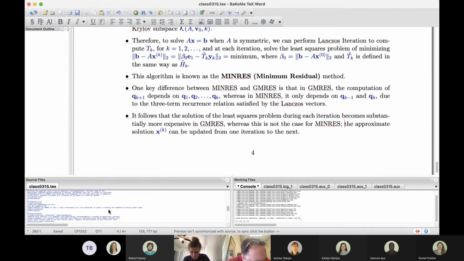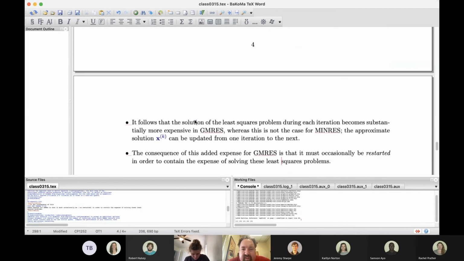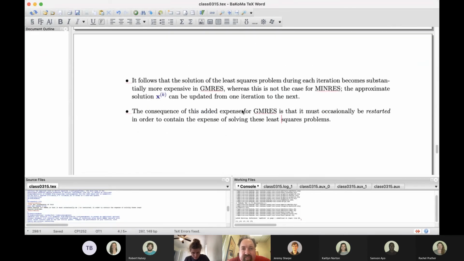But with GMRES, each iteration becomes a lot more expensive than the last. You're solving a larger and larger least squares problem every time.